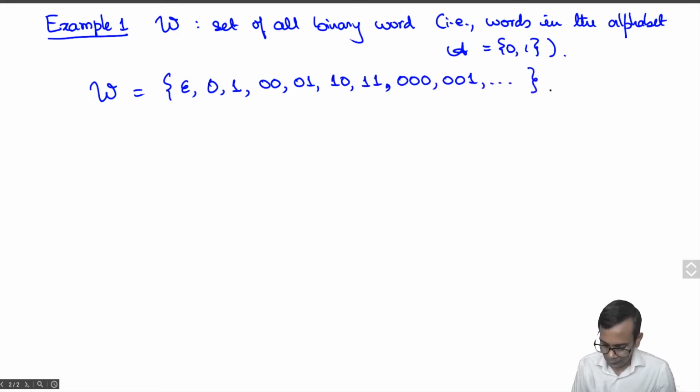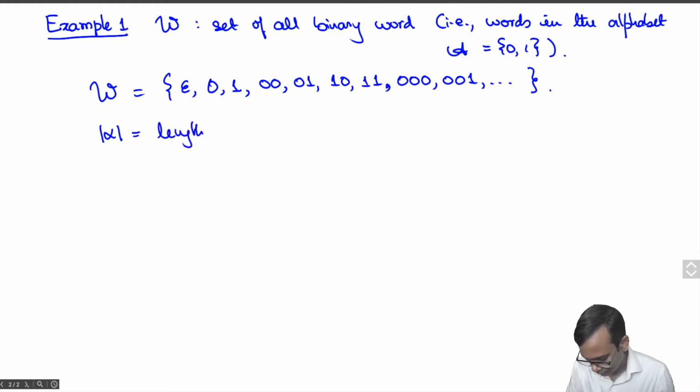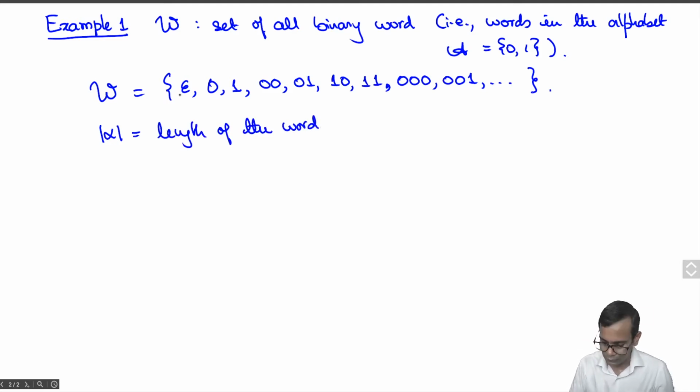And the size of a word is just defined to be the length, i.e. the number of letters in the word. So this is a word of length 0, and 0, 1, 1 is of length 3.